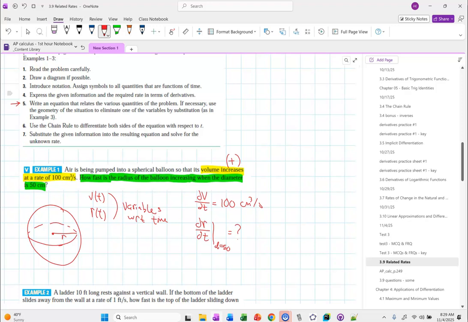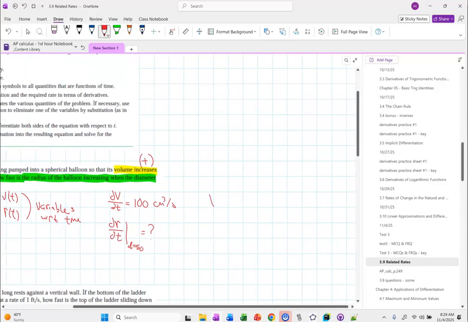But yes, you're 100% on. My two variables are V and R, correct? What equation relates volume and radius for a sphere? It's the geometry formula for the volume of a sphere.